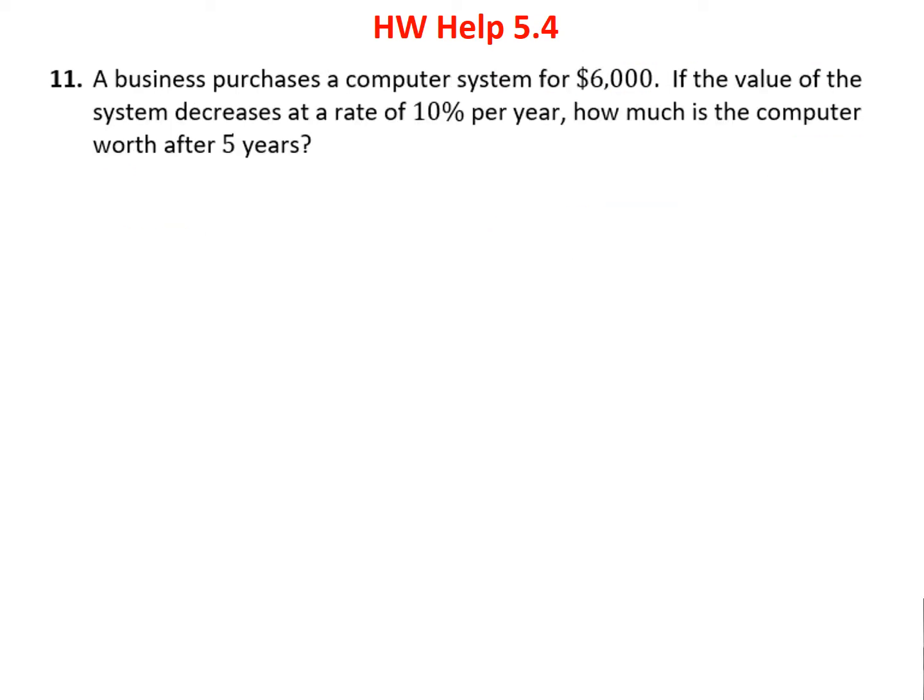Number 11, a business purchases a computer system for $6,000. So that's our initial amount. If the value decreases, in other words, it depreciates 10% per year, so it's going down, how much is the computer worth after 5 years? So once again, let me just write our equation down here. Our A is our initial amount, and here the computer starts out being worth $6,000.